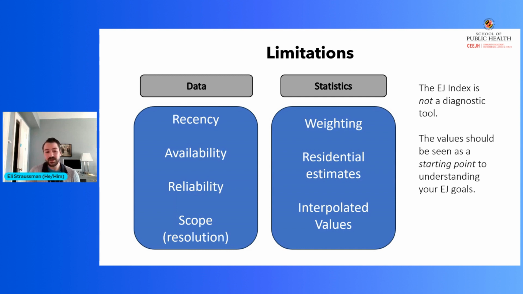Now, the other issue is on the statistical side. So these are things like weighting. Weighting is the act of adjusting your values by the scale of their impact on whatever data set you're looking at. So for our case, all of our tools are weighted by population, right?